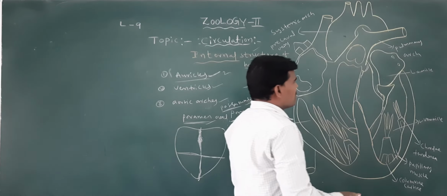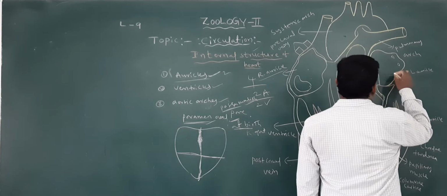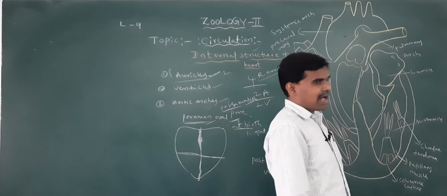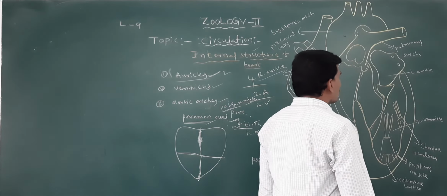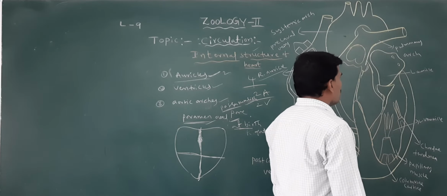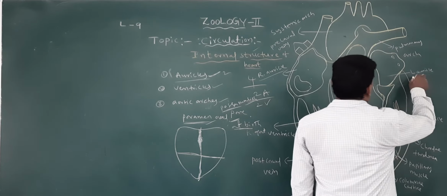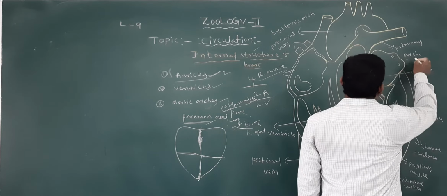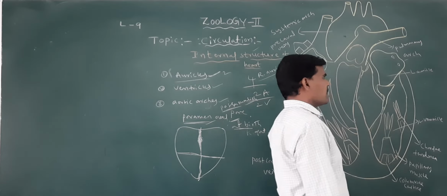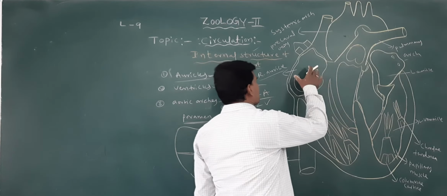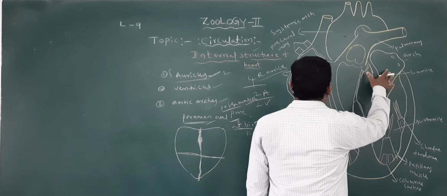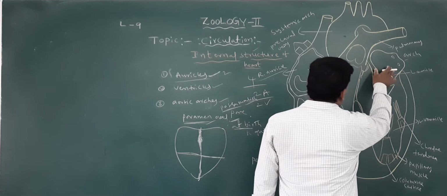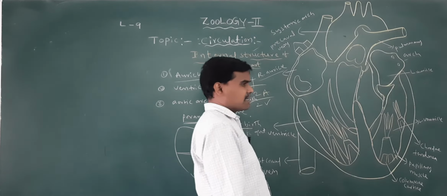The precaval vein is guarded by the sphincter, the Thebesian valve, and the postcaval vein is guarded by the Eustachian valve. The left auricle receives oxygenated blood from the lungs through the pulmonary veins. So the right auricle is filled with deoxygenated blood and the left auricle with oxygenated blood.